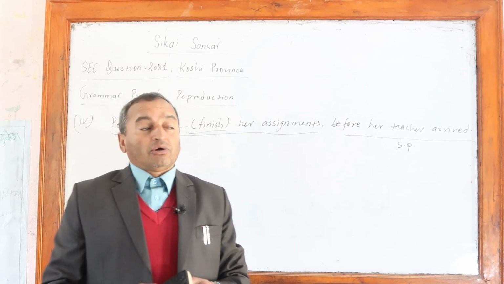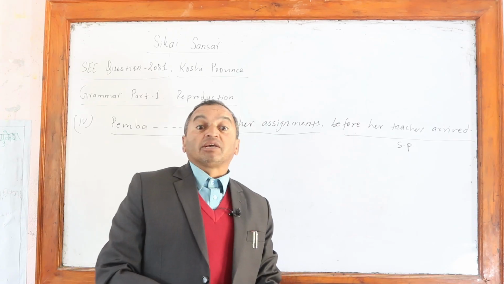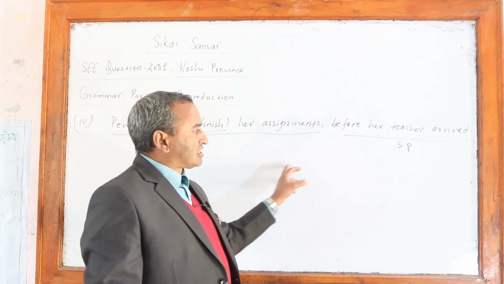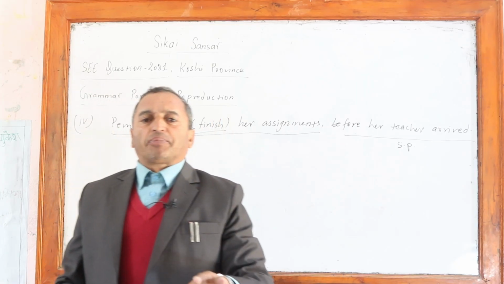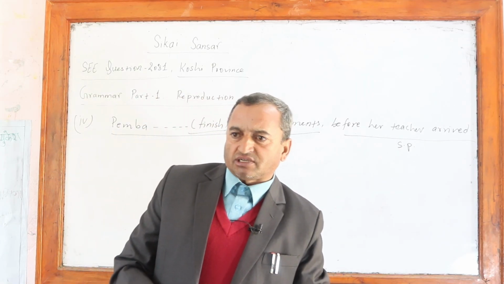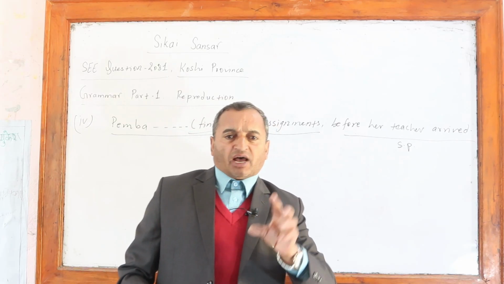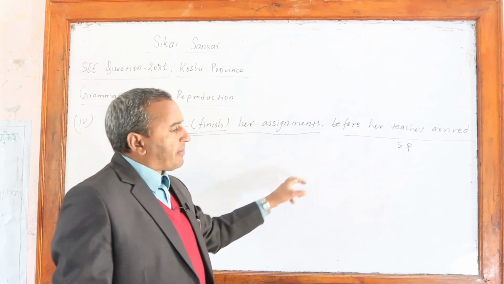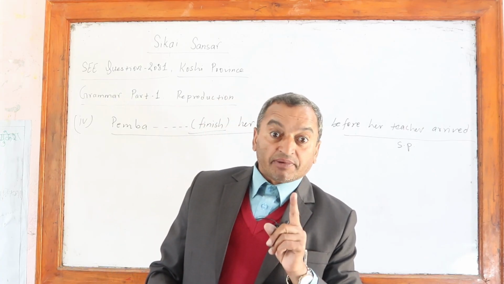So you have to know past perfect. You know that simple past is subject plus V2 form plus object. And what happens in past continuous? Subject plus was or were plus V4 plus object. And what happens in past perfect? Had plus V3 should be there.